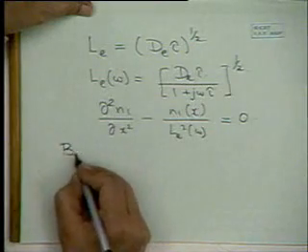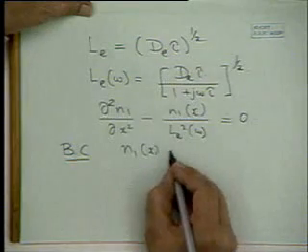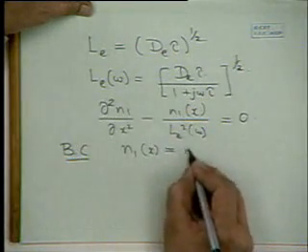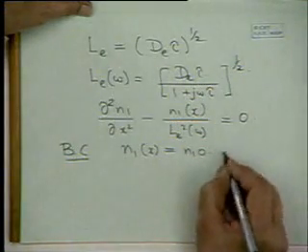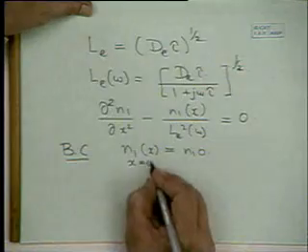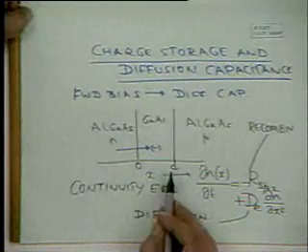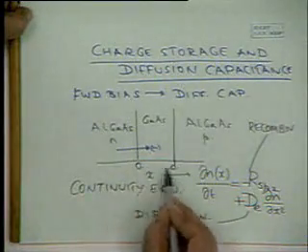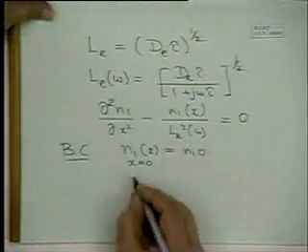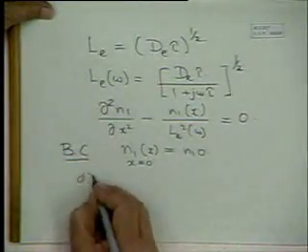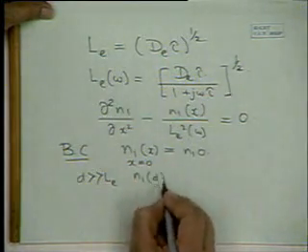What are the boundary conditions? The boundary conditions are that n1(x) is n1(0) at x equal to 0. And we say that this D is much larger than the diffusion length L_E. D being much larger than the diffusion length, n1(D) is equal to 0.